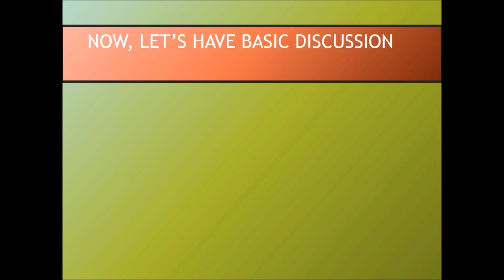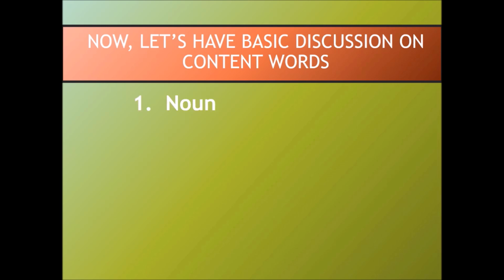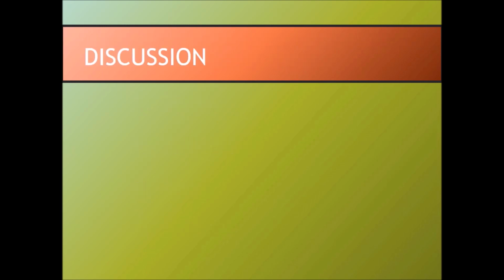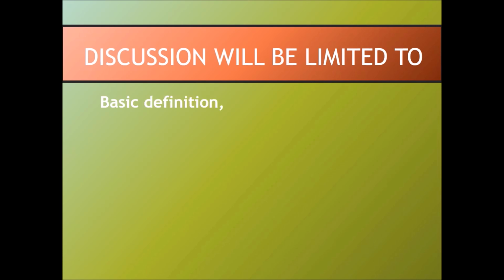Now let's have a basic discussion on content words. The first is noun, followed by adjective, next verb, and the last one is adverb. Of course, our discussion will be limited to first basic definition, concepts, and examples.